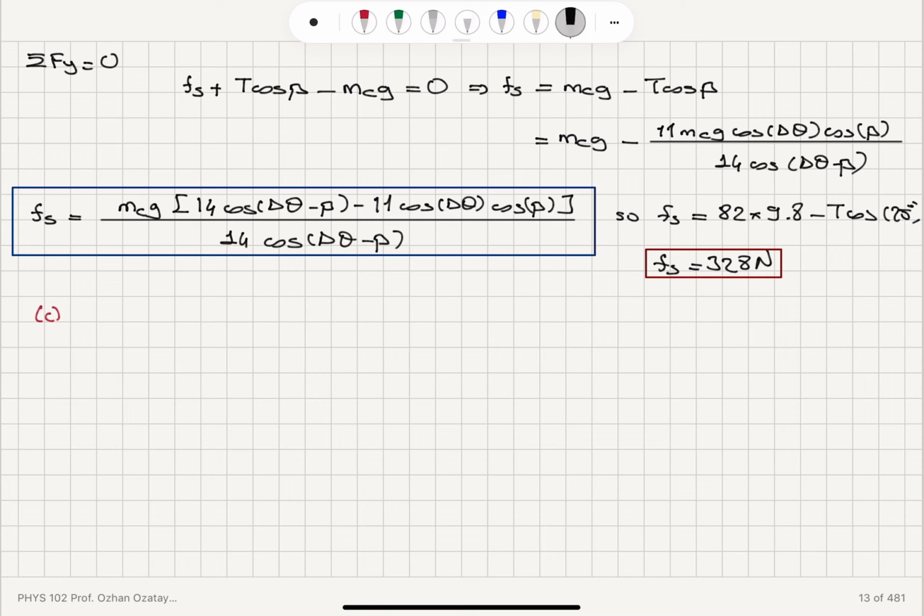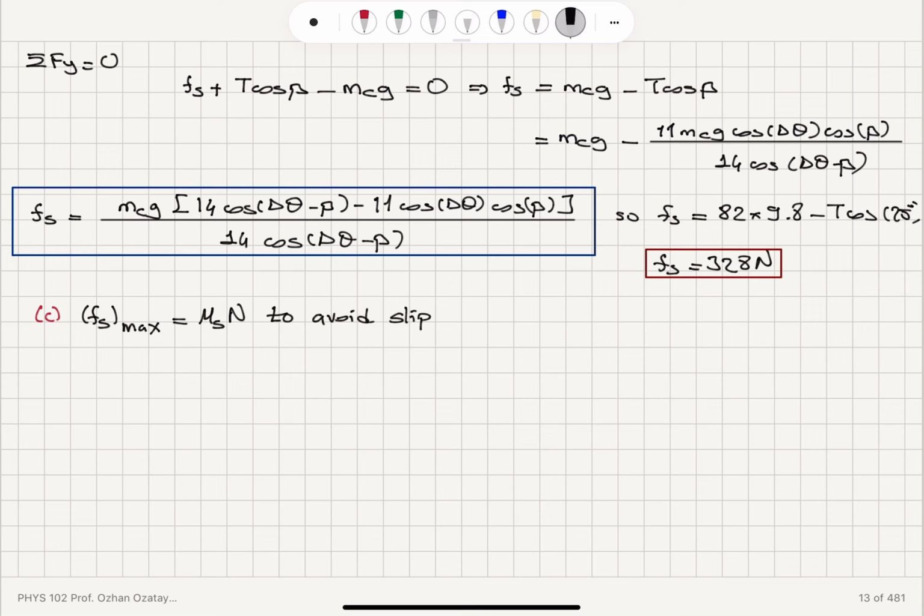Now, if this is the maximum possible value of the static friction, that is equal to mu sub s times n. If mu sub s has its minimum value that satisfies this, then it's going to have this value. If the maximum value of the static friction is greater than this, then you can have a larger static friction coefficient. So this is basically what we need to avoid slipping.